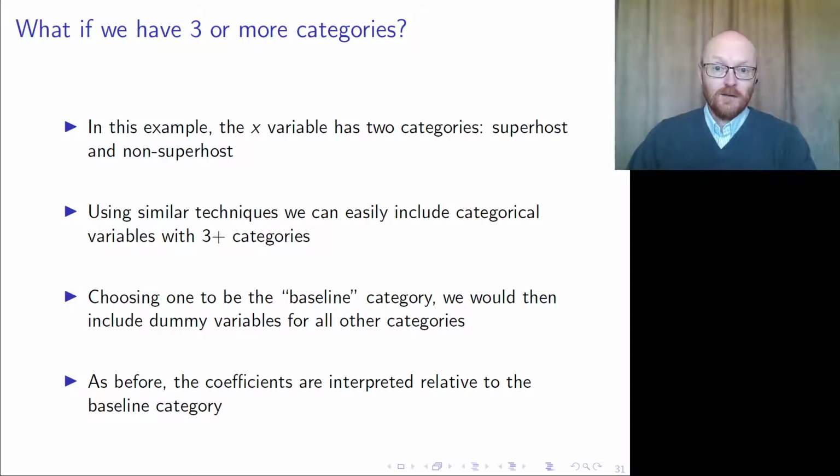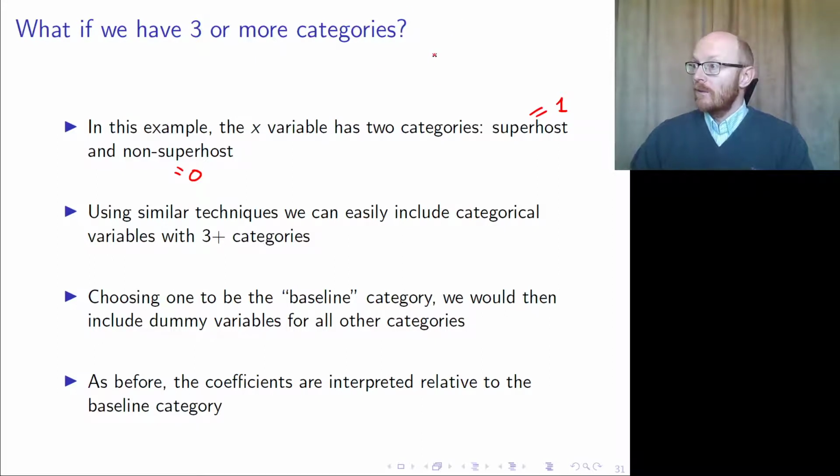Continuing with our Airbnb example, remember that we had two categories: a superhost and a non-superhost. For superhost, the value was 1, and for non-superhost, the value was 0 on the superhost dummy variable.